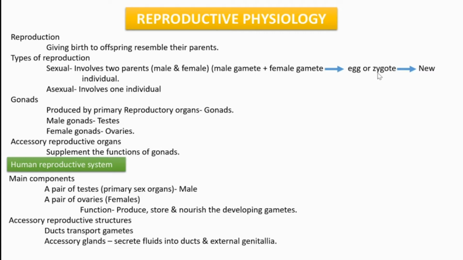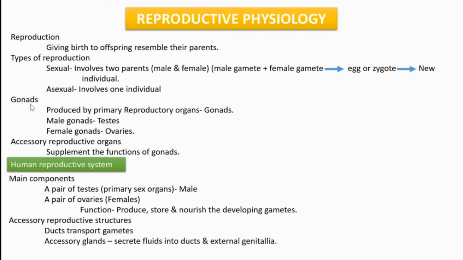From this egg or zygote, a new individual develops. In the case of asexual, it requires only one individual for the development of its progeny, daughter, next generation.